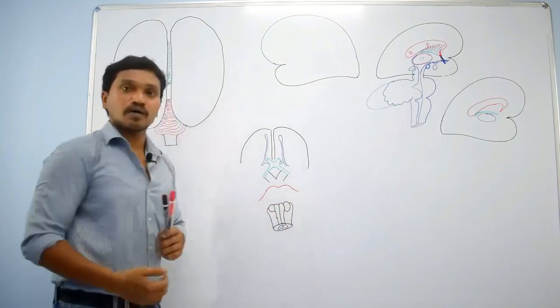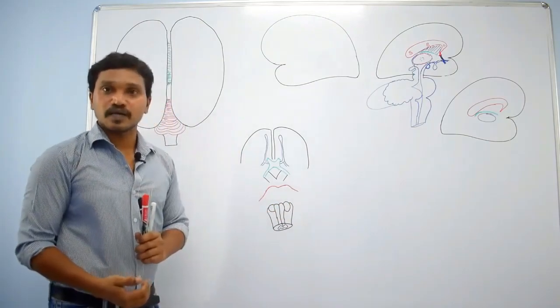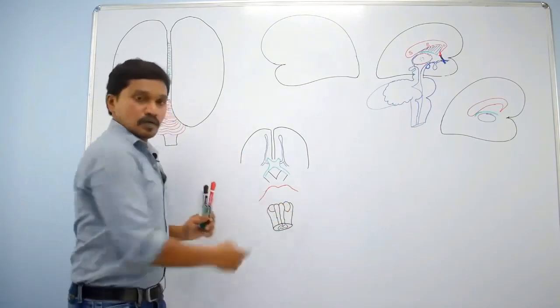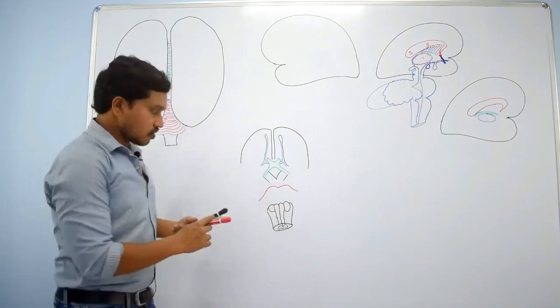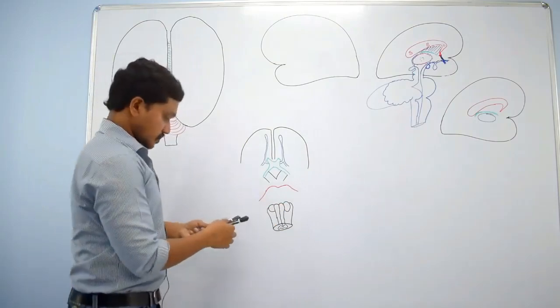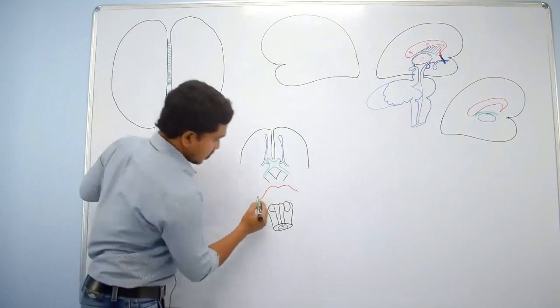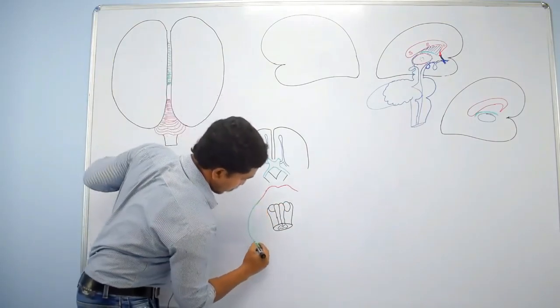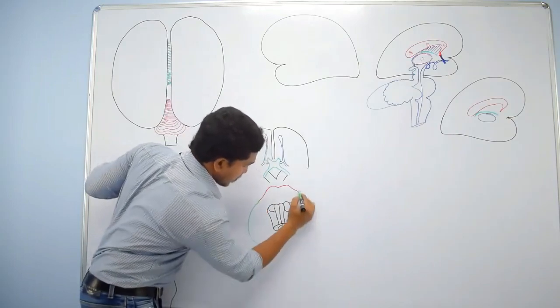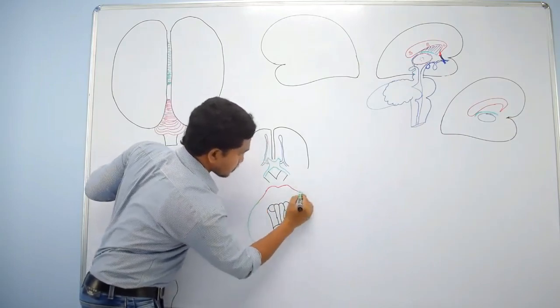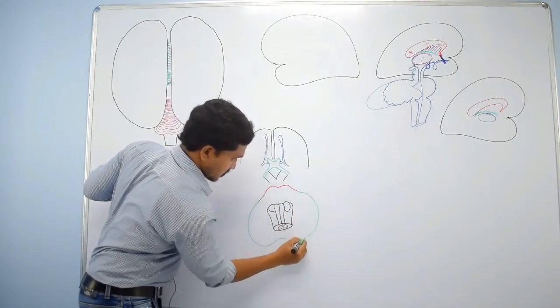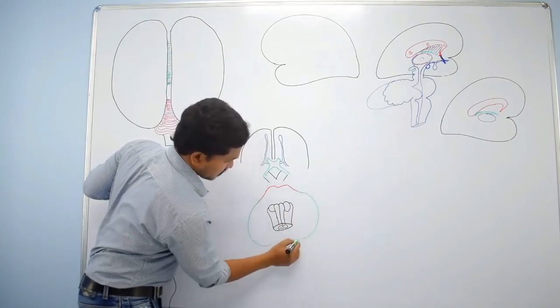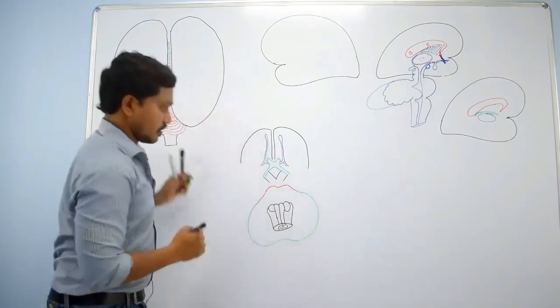Then behind the brainstem, what will be there? Behind the pons and medulla oblongata, you can find the cerebellum. So here this continuation I am drawing as cerebellum.